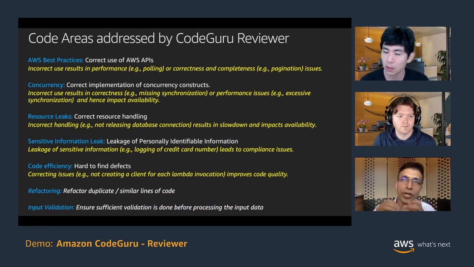From the point of view of CodeGuru Reviewer, it reads through the code, hopefully the files included in the pull request. Usually when a developer makes a code change, some level of code change will be included in that pull request.